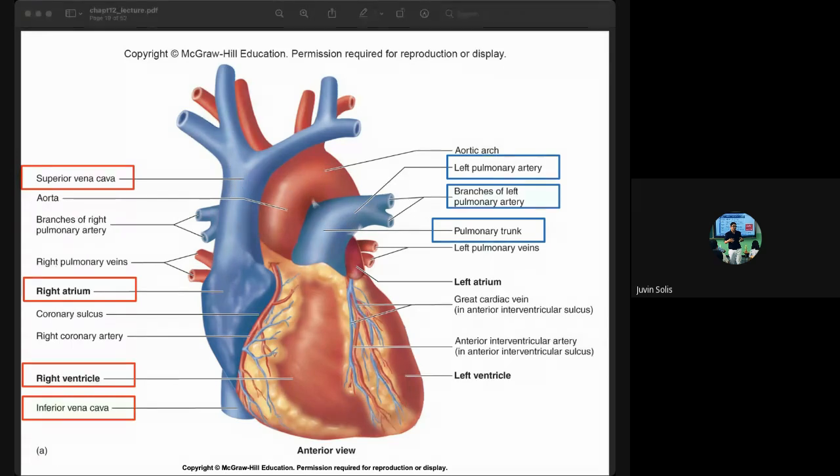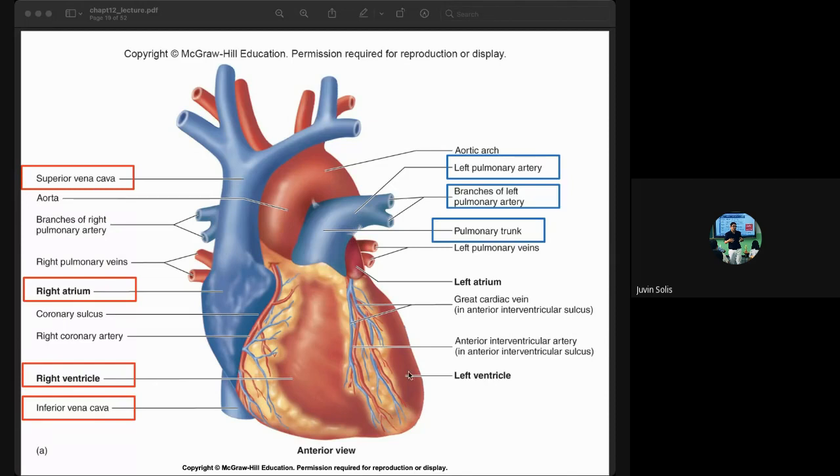Now, yung superior vena cava, ito, yung vein natin dito, i-drain naman niya yung blood above your diaphragm. And above the diaphragm are your head, neck, thorax, and upper limbs. Yung inferior vena cava below the diaphragm. So yung ating lower limbs, yung ating pelvic cavity, abdominal cavity, yung mga yan, or abdominopelvic cavity. Pinag-isa na nila. Okay?